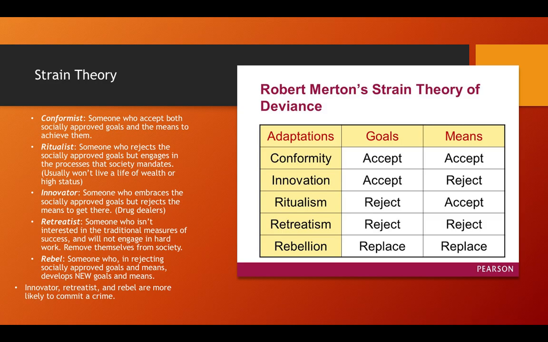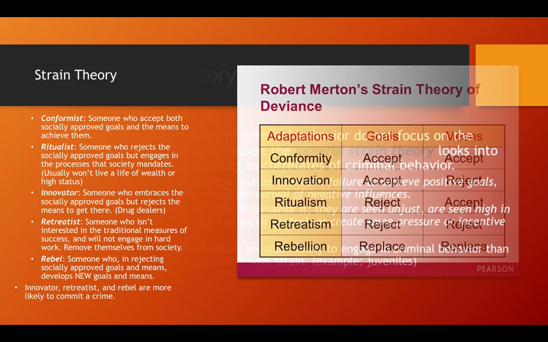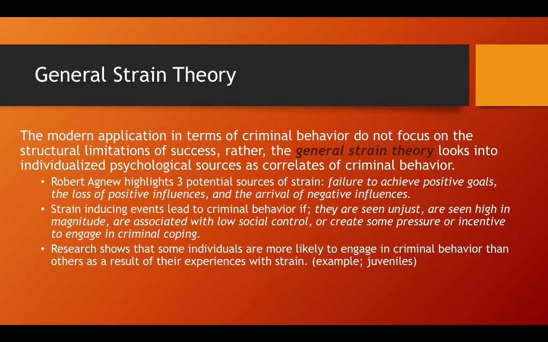So after Merton, we have Agnew, who came up with general strain theory, and it's some more modern applications for strain. So general strain theory looks into individualized psychological sources as correlates of criminal behavior. Agnew highlights 3 potential sources of strain, and they are failure to achieve positive goals, the loss of positive influences, and the arrival of negative influences.